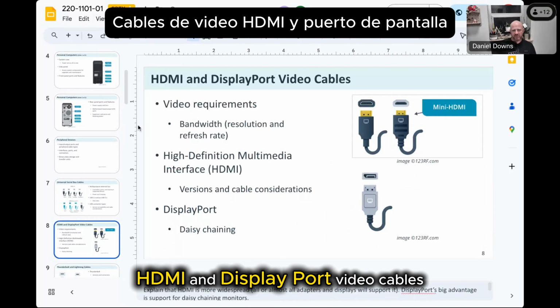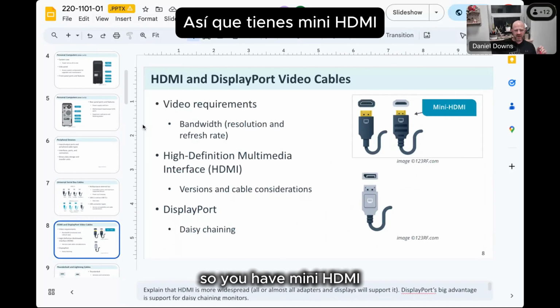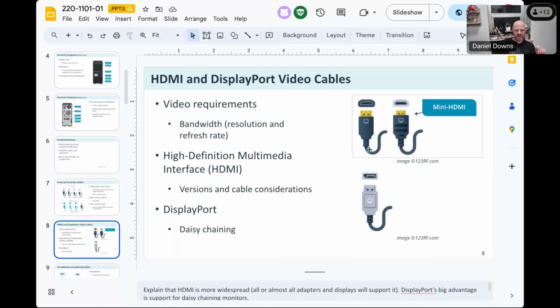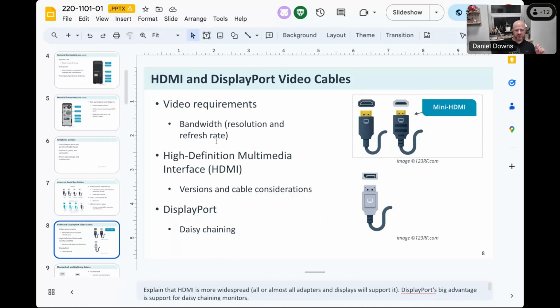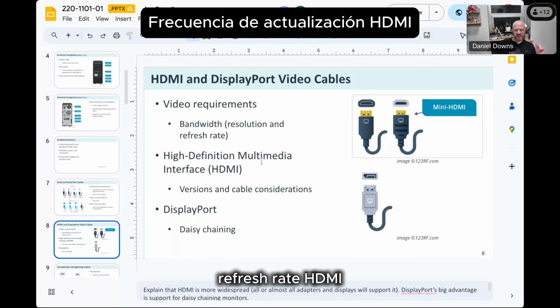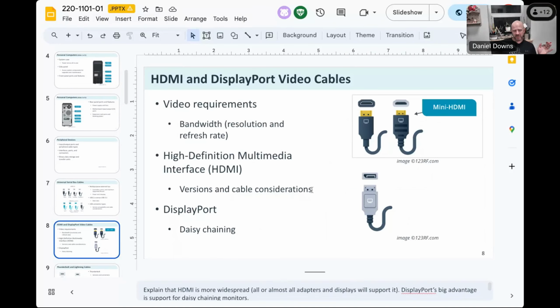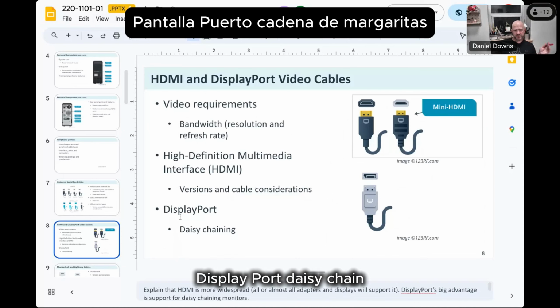HDMI and DisplayPort video cables. So you have mini HDMI, and then you see the DisplayPort here, and video requirements, bandwidth, resolution, refresh rate, HDMI versions and cable considerations, DisplayPort daisy chaining.